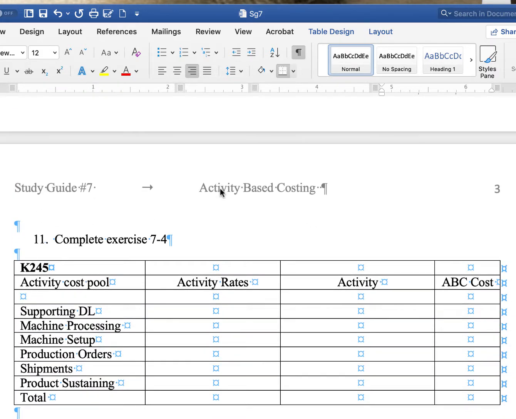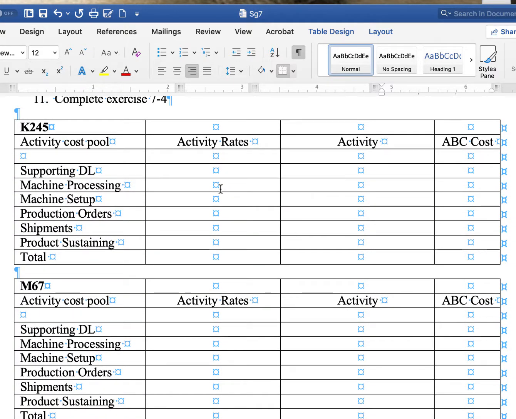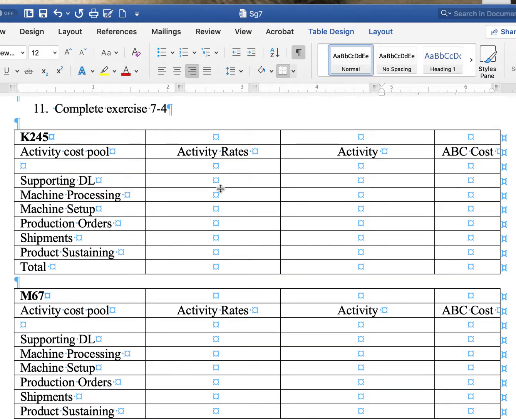Number 11 is problem 7-4. And 7-4 is on page 343. So what we have here is Klumper Corporation. It's a diversified manufacturer of industrial goods. The company's activity-based costing system contains the following 6 activity cost pools and activity rates.